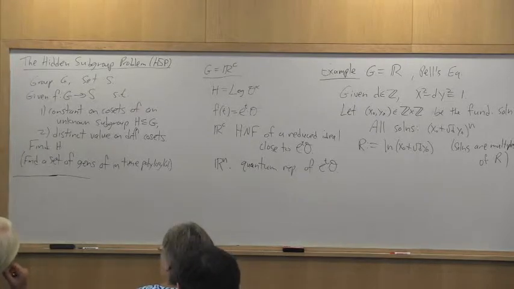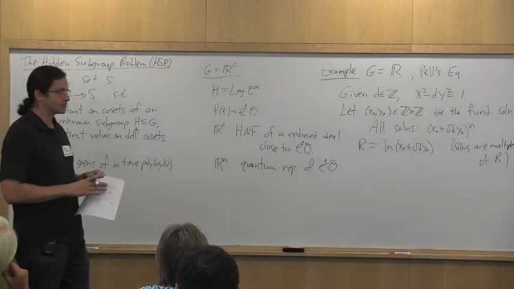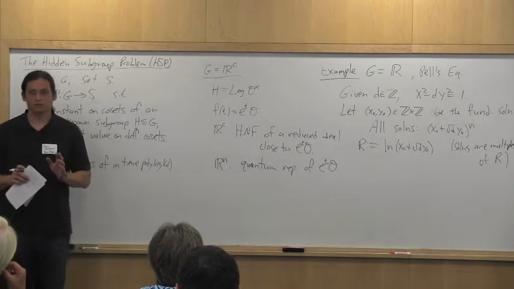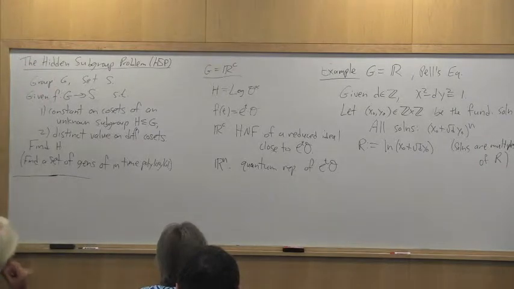The next thing I was going to do is try and say a little bit about how the algorithm works. Any questions about the problems that reduce to the hidden subgroup problem?